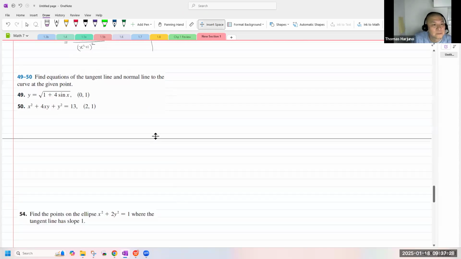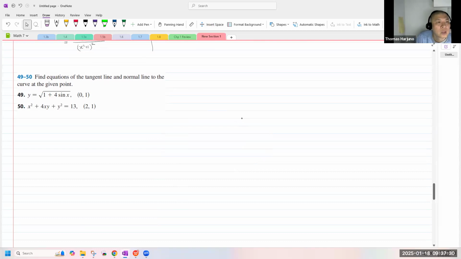Number 50: find the equation of the tangent line and normal line to the curve at the given point. Oh, number 50. We need to do implicit differentiation, huh? So x squared plus 4xy plus y squared equals 13.